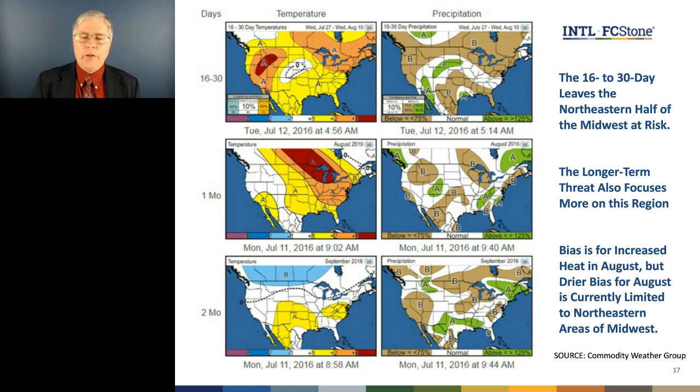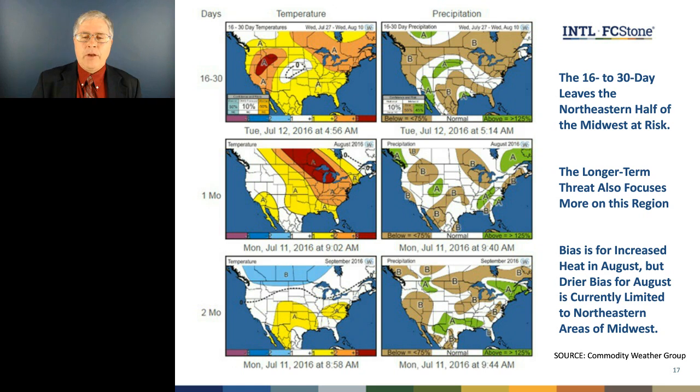We have this area in the northeastern half of the Midwest, well, maybe northeastern third of the Midwest around the Great Lakes, below normal precipitation. Keep in mind that this is up to 50 days out. It's just July 12th. So this could change.